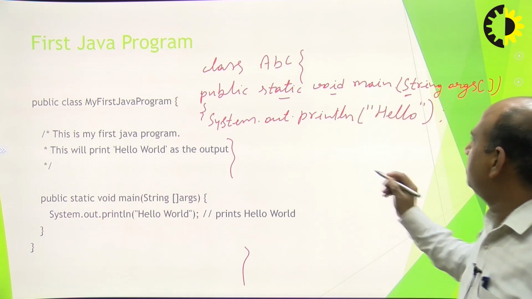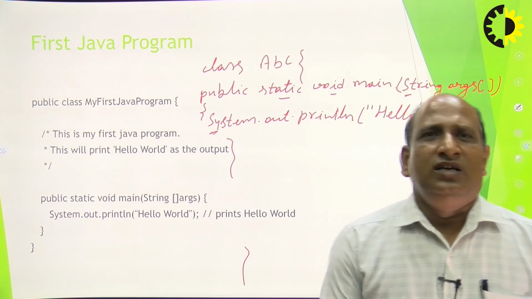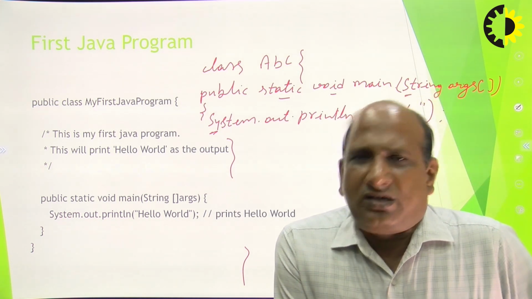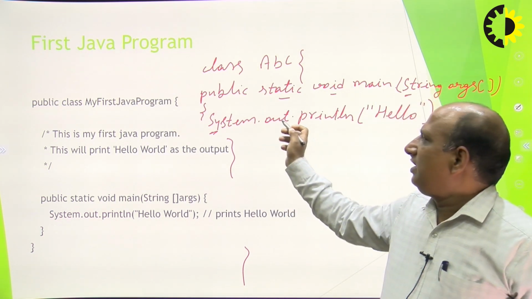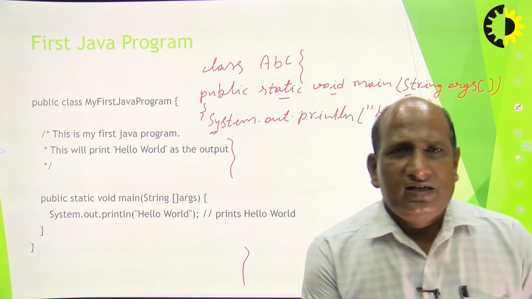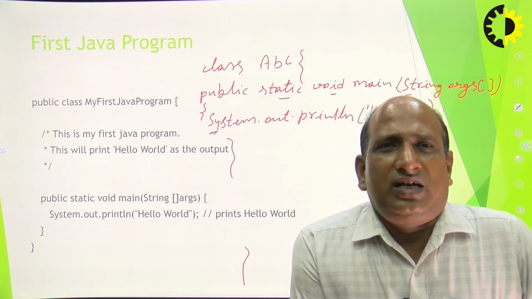In a similar fashion, the S of the System class is also a capital letter only, because System is a class, and in this System class, in, out and err, three static variables are there.